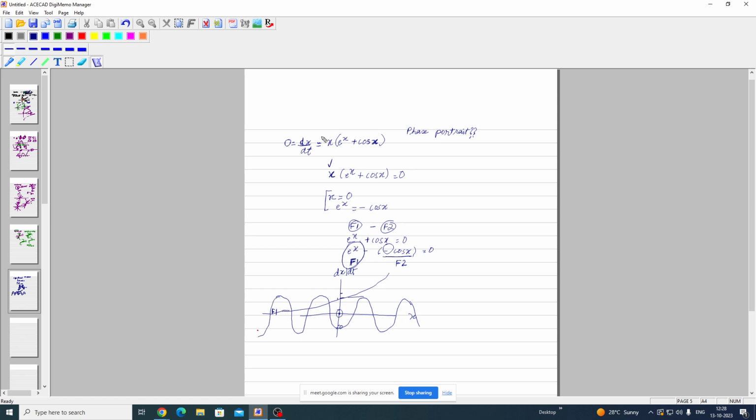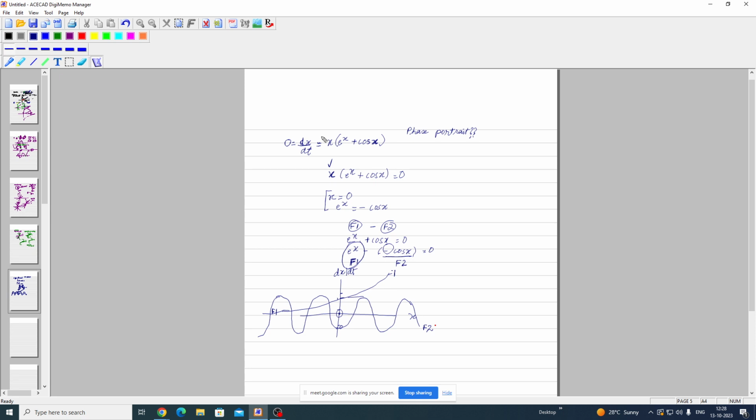I can't go further on the left because the page has ended, but you see, we'll have infinite intersection points on the left side. Now, wherever F1 and F2 intersect, their values are equal, which means that's a fixed point.